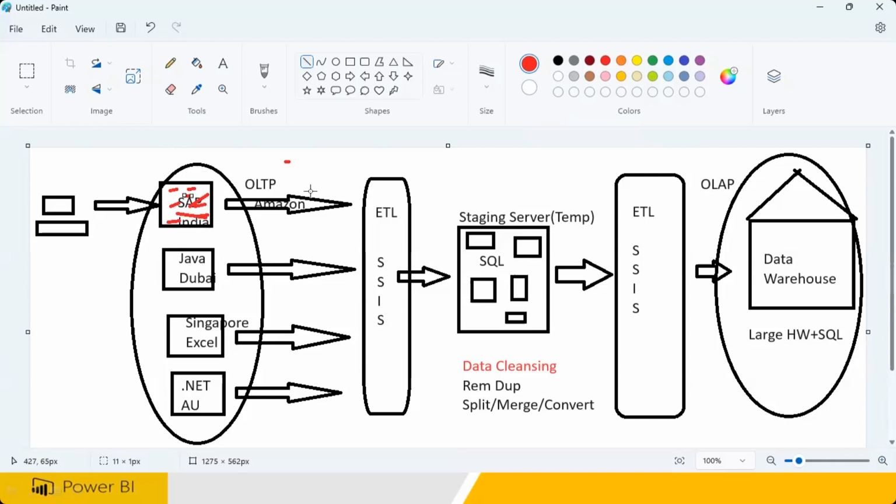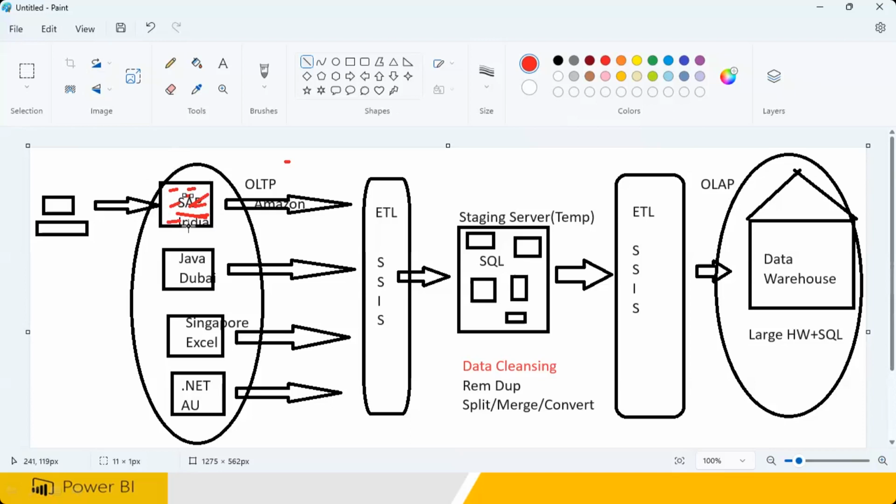Transaction means, in Telugu, lavadevi, right? We do a lot of transactions. All the data is going to be recorded in one server, one computer. The computer may be SAP, Java, .NET, Python or X or Y or Z server. We need not know. Wherever fresh data is going to go and sit, that server, that computer is called an OLTP computer.